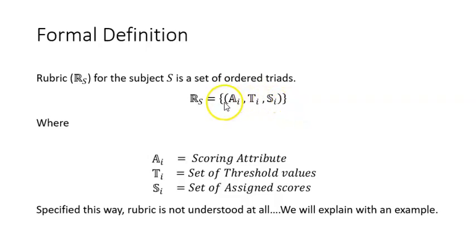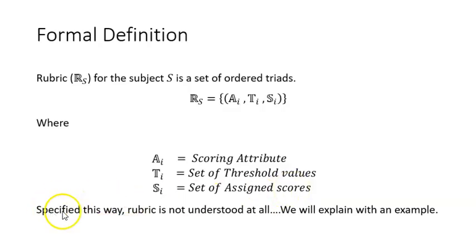Each (A_i, T_i, S_i) within the round brackets forms a triad where A_i is a scoring attribute, T_i is a set of threshold values, and S_i is a set of assigned scores.